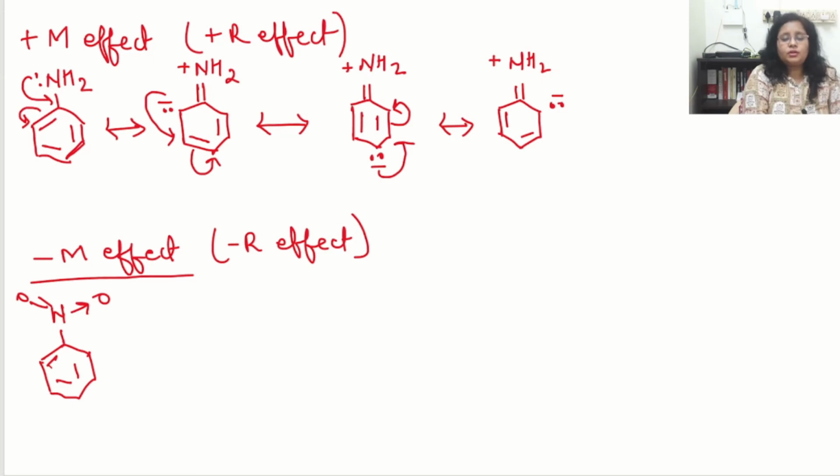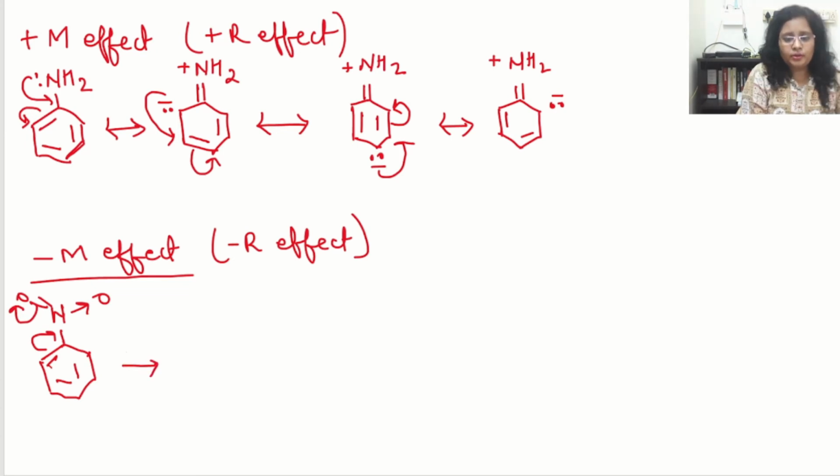So what is going on here? In the minus M effect, the shifting of electrons is from the conjugated system towards the substituted atom or group. So here the electron shifting is like that. This electron shifts here, and this pi bond shifts here.